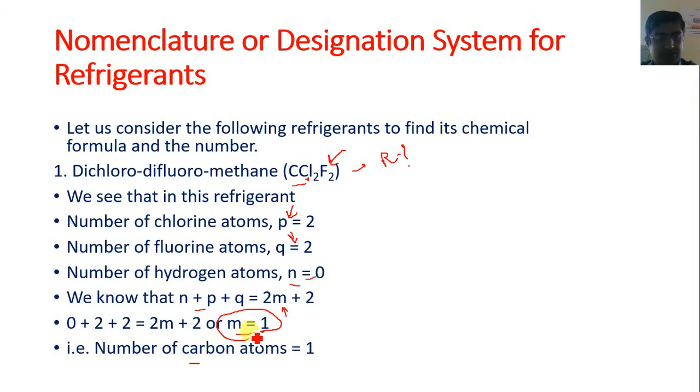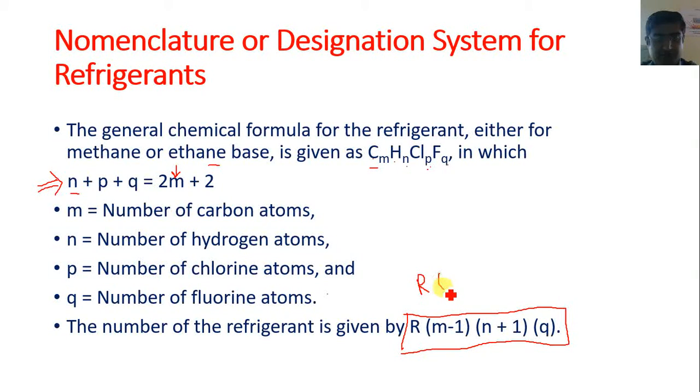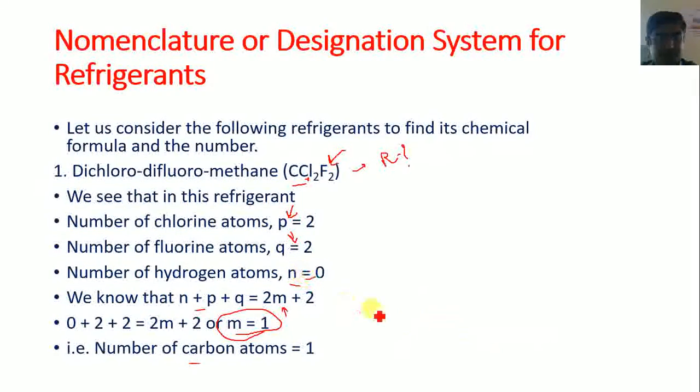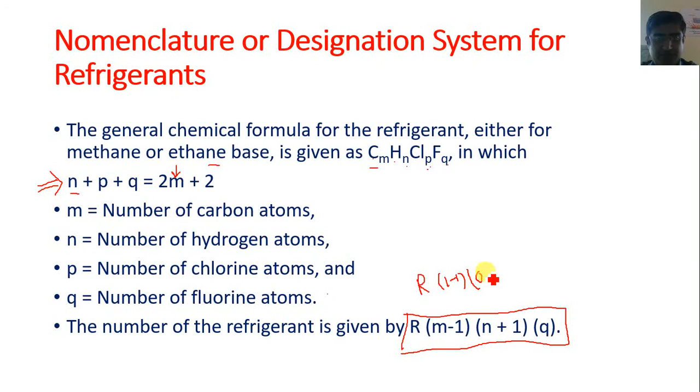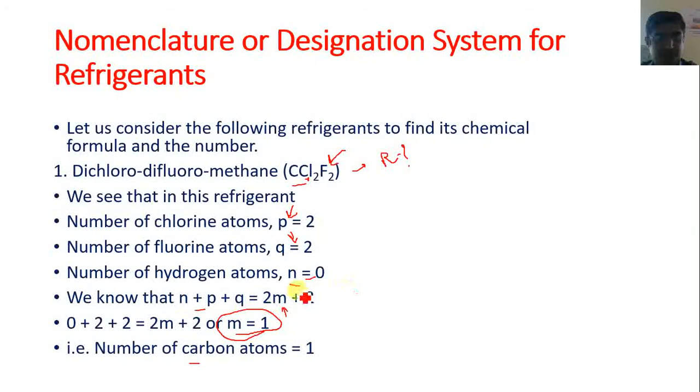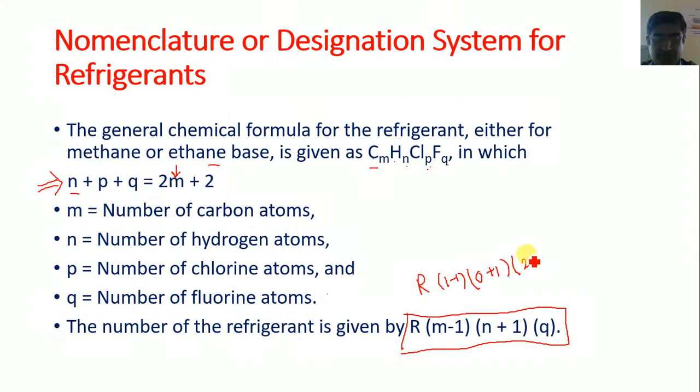The value of m is 1, so 1 minus 1 simplifies to 0, and then small n plus 1. In our case the value of small n is 0, so 0 plus 1, into Q. The value of Q is 2, so here also we mention 2.